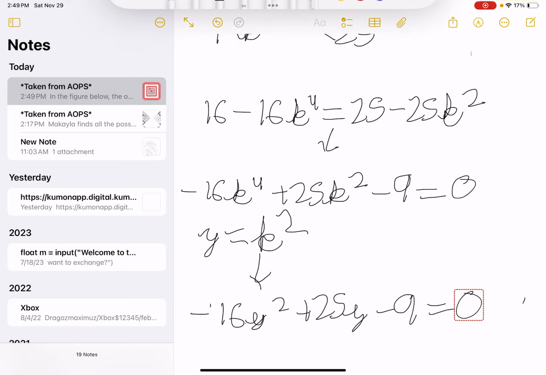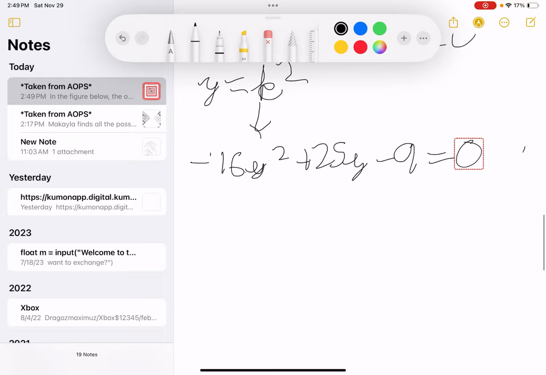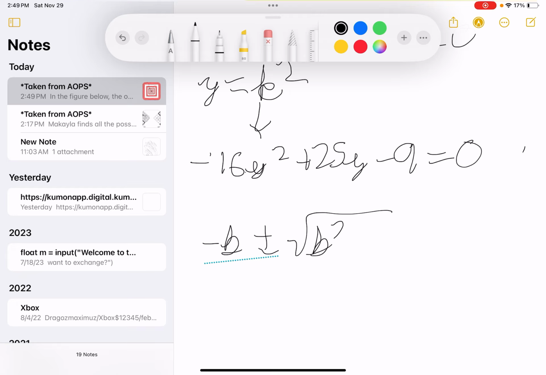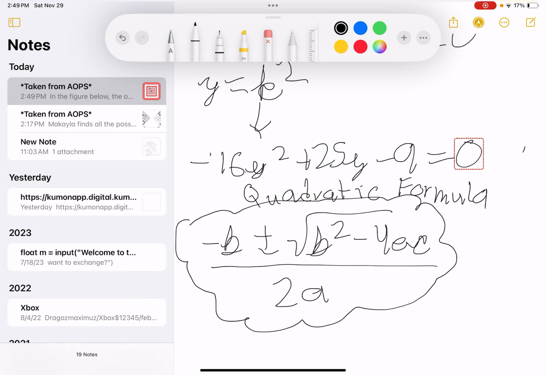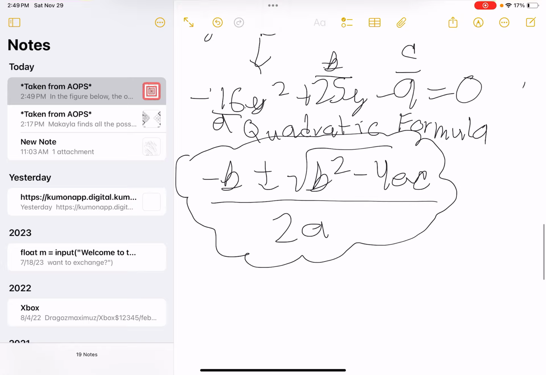And here it's very simple to just apply the formula of minus b plus or minus the square root of b squared minus 4ac over 2a. This is a very important formula, which is called the quadratic formula. Now we just plug in the values of a, b, and c to solve.